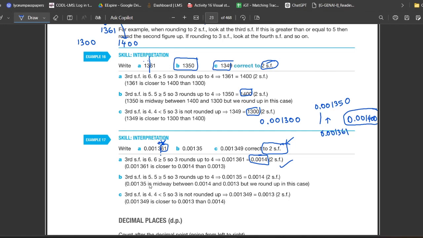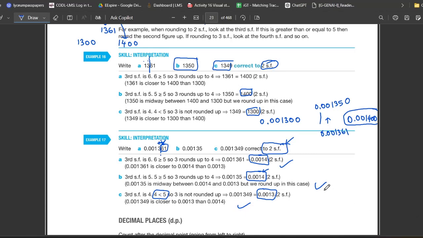If the third significant figure is equal to or greater than 5, we add 1 to the second significant figure and put 0.0014. And if the third significant figure is lesser than 5, we don't add anything, just write until the second significant figure. I think you got some idea.